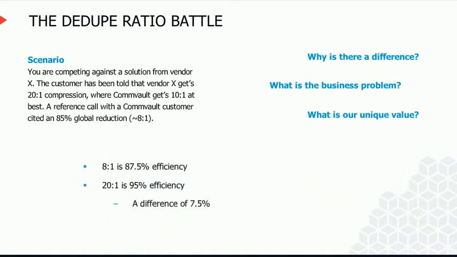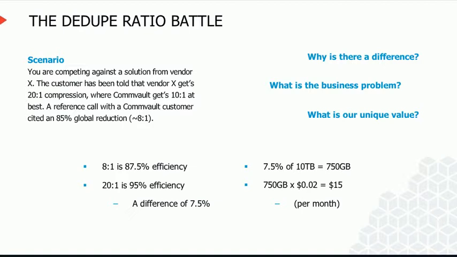So let's really talk about what these numbers mean. What is the true difference between 8-to-1 and 20-to-1 deduplication? 8-to-1 is 87.5% efficiency. 20-to-1 is 95% efficiency, a difference of 7.5%.